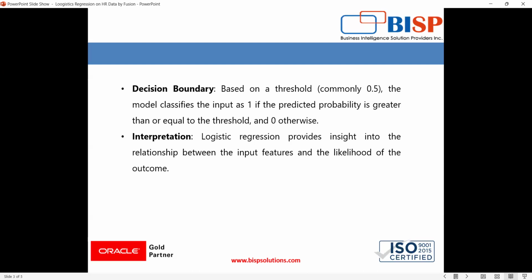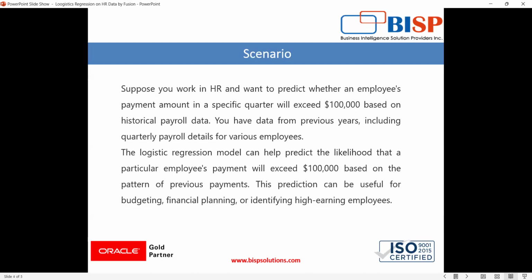And a negative coefficient means that as the feature value increases, the probability of the outcome being 1 decreases. Okay, so let's move to our scenario.